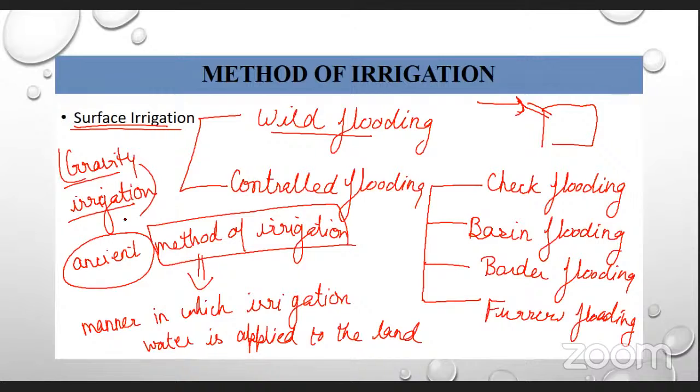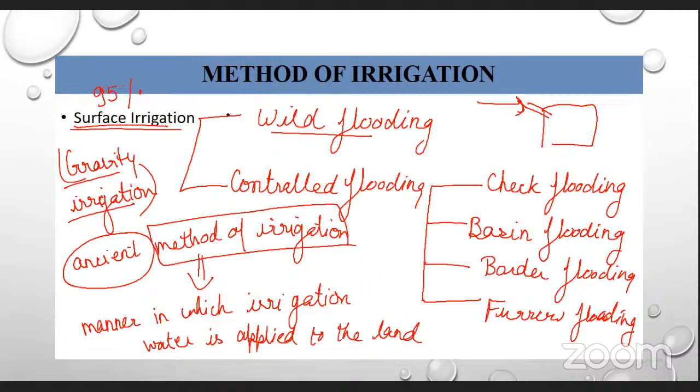It holds good for more than 95% of the irrigated area in the world, which means 95% of irrigation water is supplied through surface irrigation.